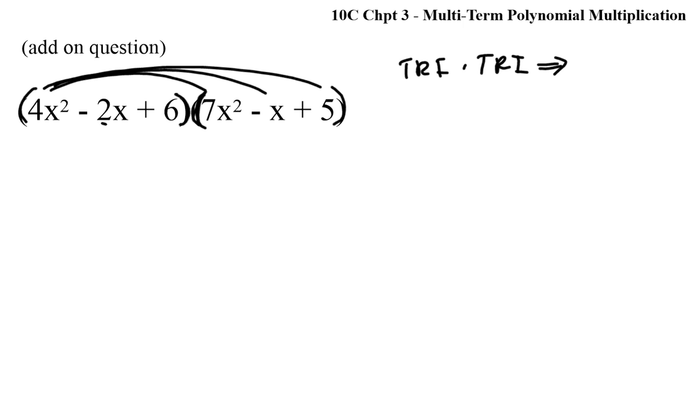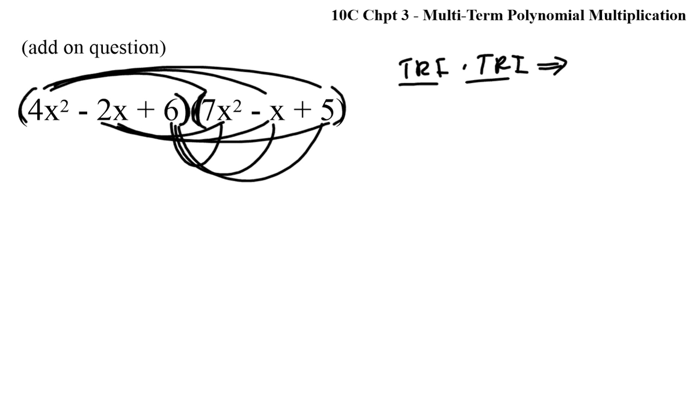Negative 2x has to multiply 3 times. 6 has to multiply 3 times. A trinomial times a trinomial is 9 multiplication steps. Are they complicated? No. Are there lots of them? Absolutely. So here we go.